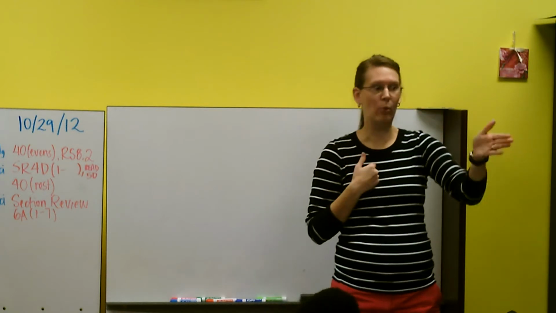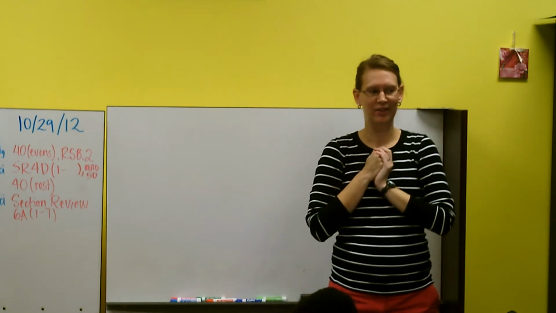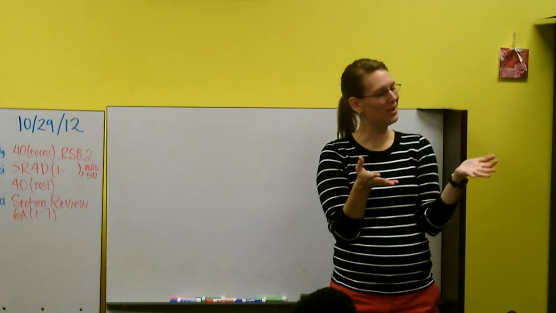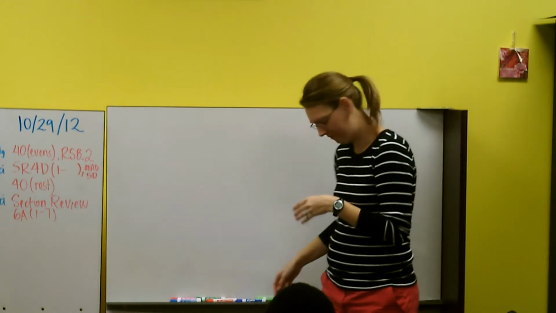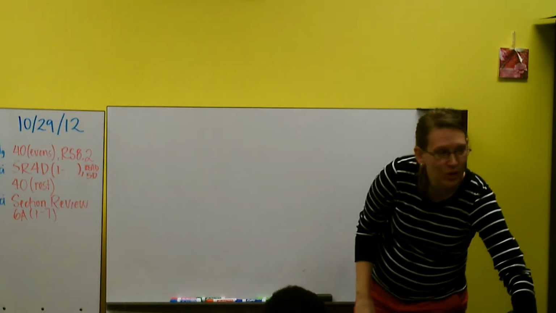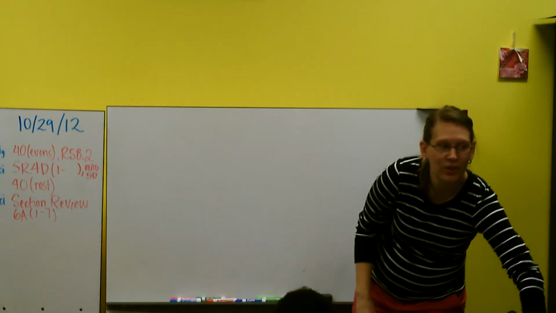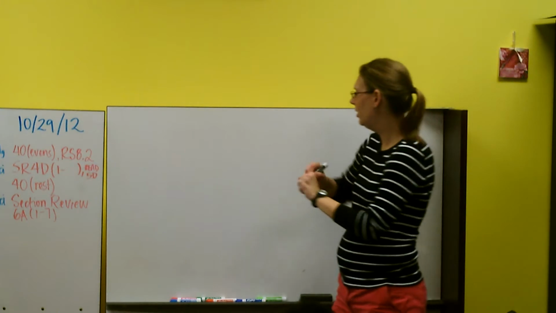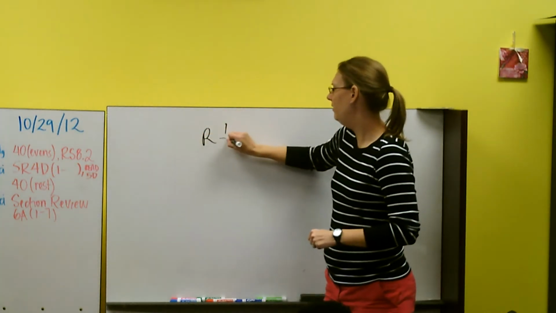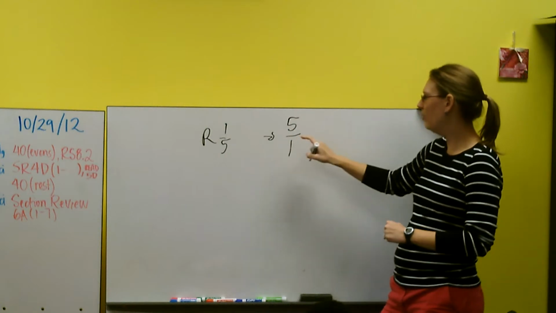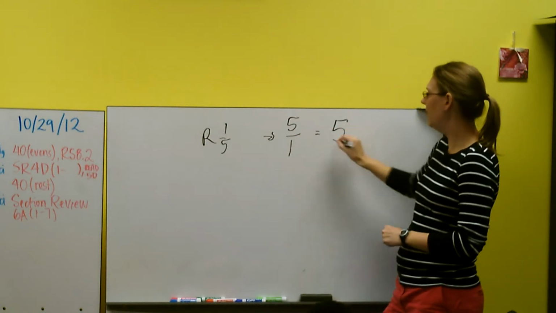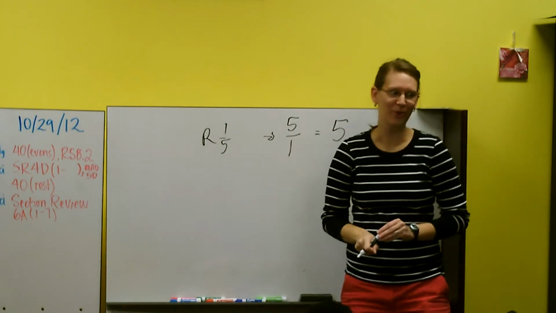So what's the reciprocal of 1/5? 5 over 1, and we would simplify that to what? Careful. The reciprocal of 1/5 is 5 over 1, and we said anything over 1 is just the number. Good. I started with a hard one for you.